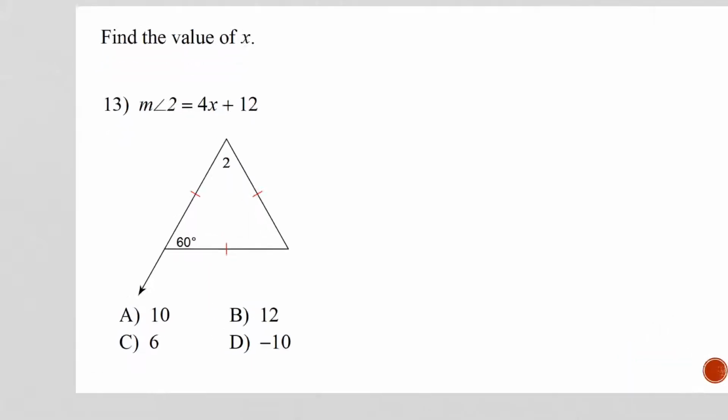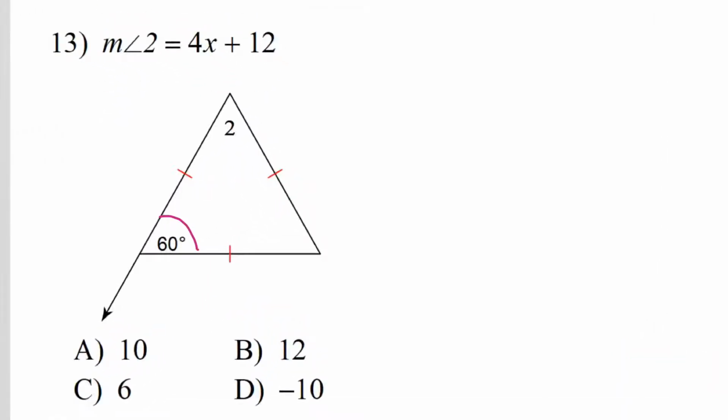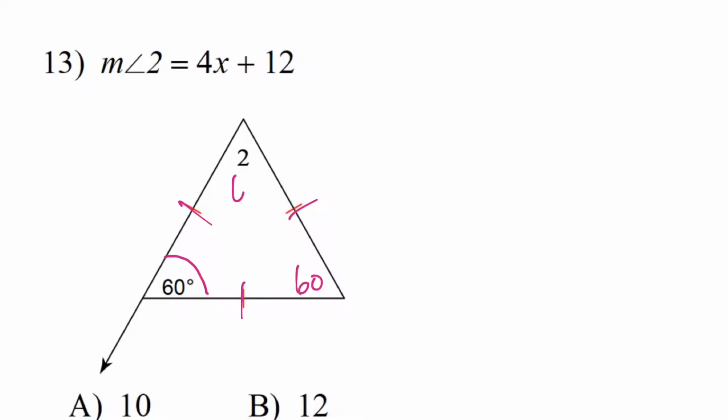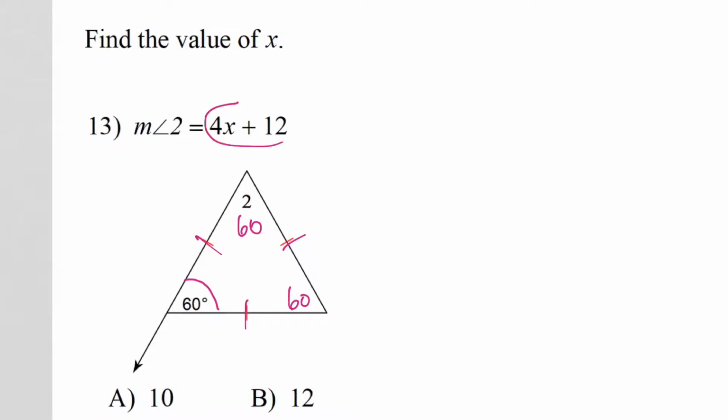Number 13. If you have one triangle that has an angle that measures 60 degrees and it has tick marks on each side, that means that all of these measure 60 degrees: 180 degrees divided by 3 congruent angles. So that means angle 2, which is 4x plus 12, will equal 60 degrees.